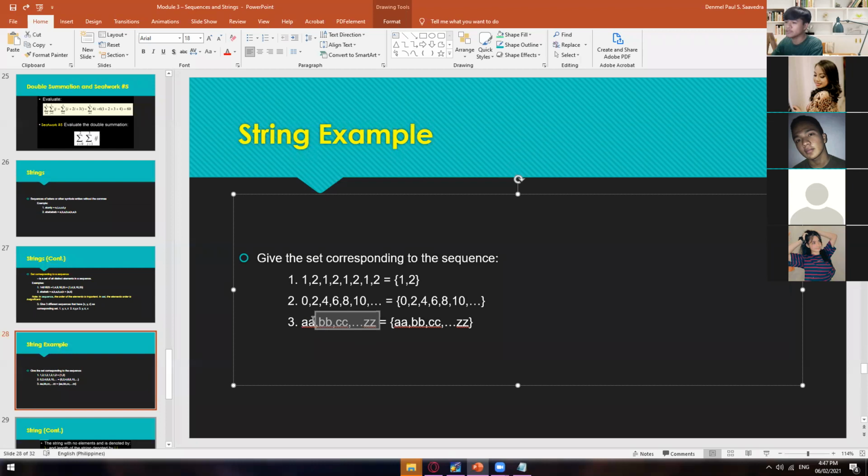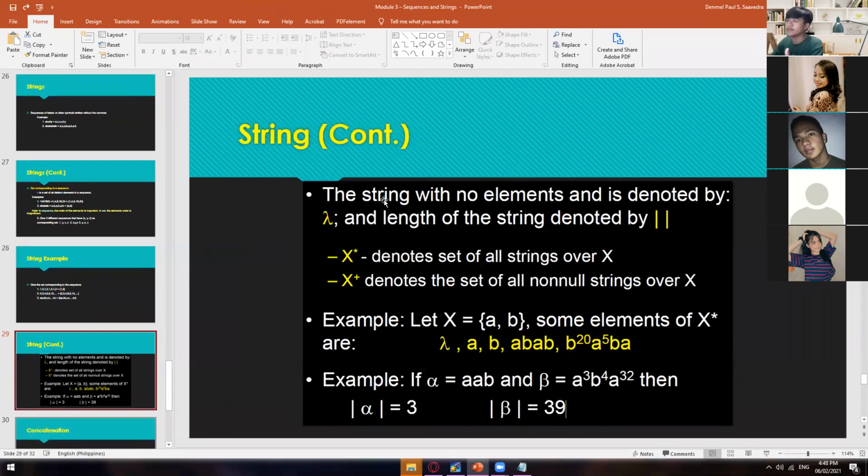This one is a sequence, and then we have here a set. So again, if you're going to transform those into a string, just remove the comma. And then we have here a symbol for no elements.